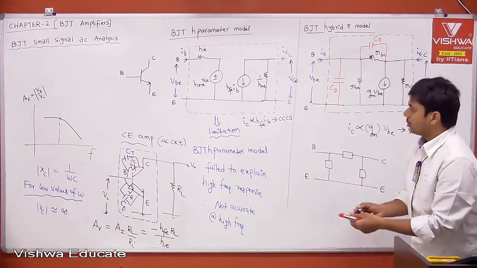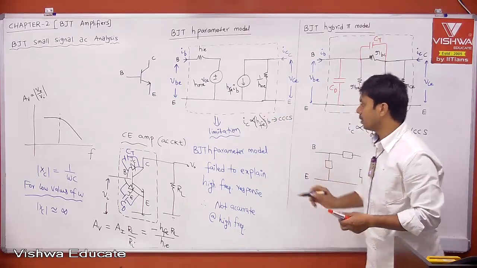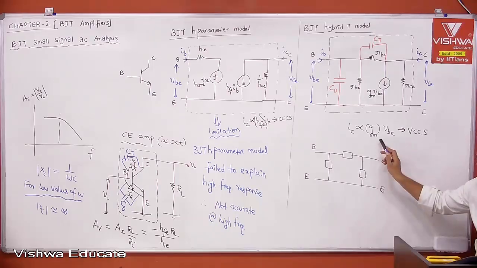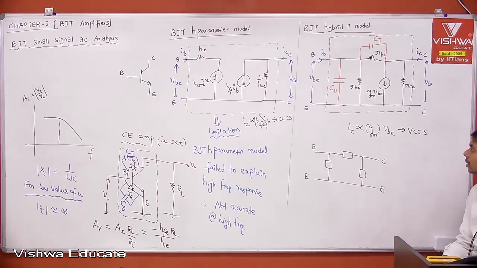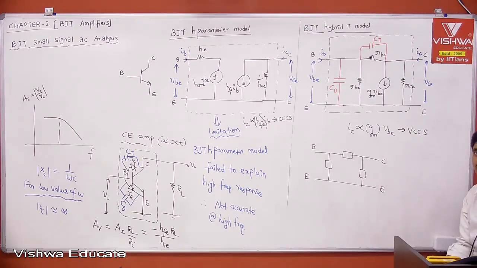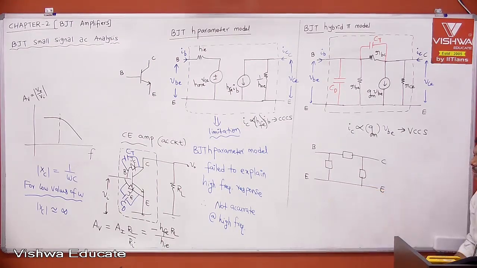This is the constant parameter, HFE, which is the current gain, but here we have the transconductance gain of your BJT. Now we should get the relation between GM and the H parameters. That is nothing but correlating, because in the examination they are not giving it. Whatever problems you solve, you get voltage gain in terms of H parameters, and if the H parameters are known, we can substitute and get the voltage gain.